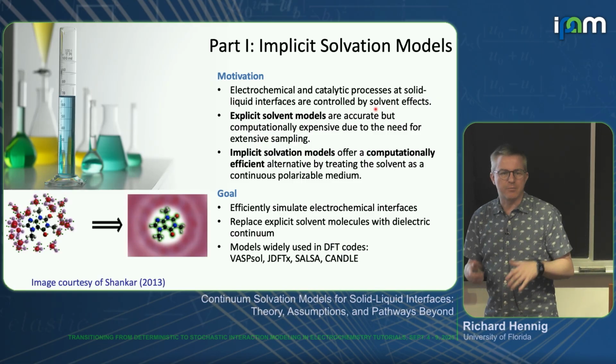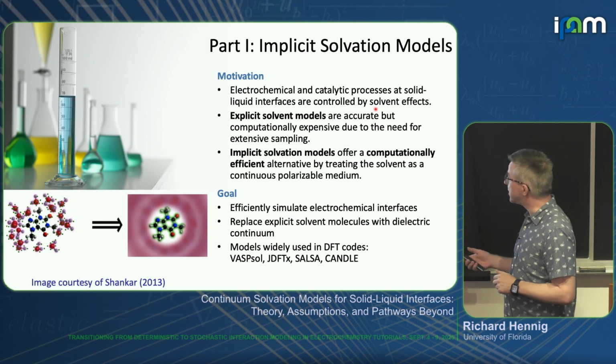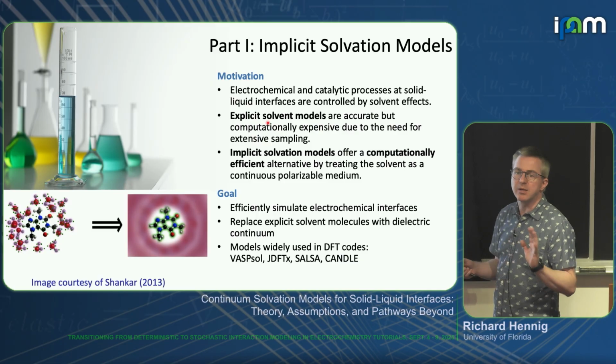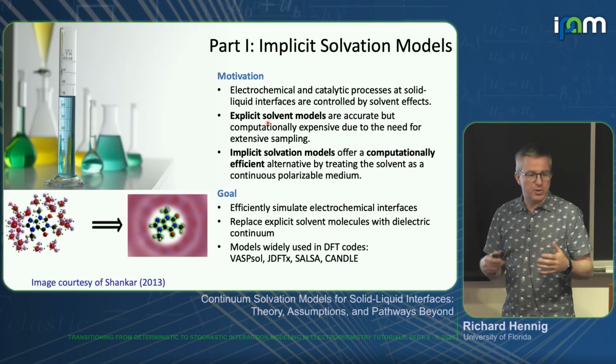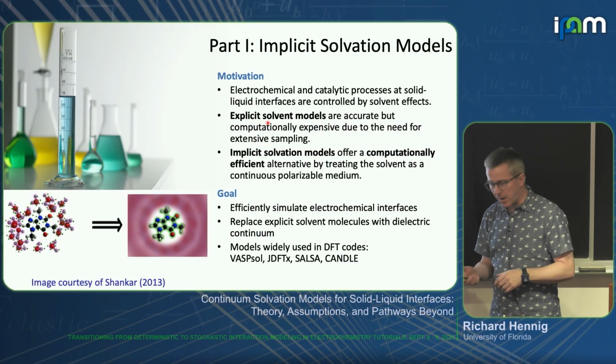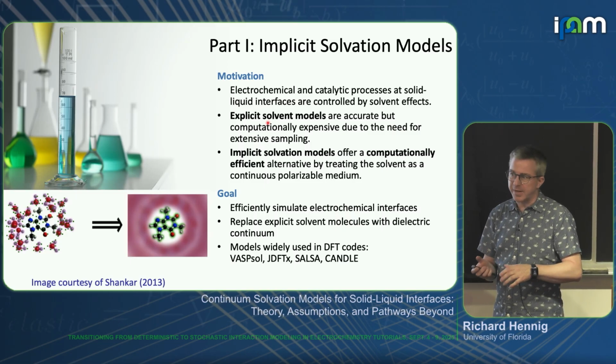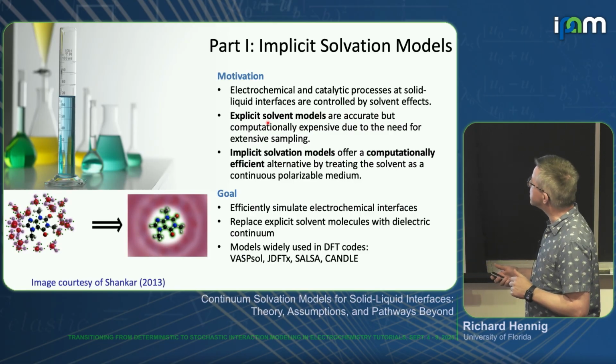We can, of course, in principle, always do explicit solvent models. In other words, we have density functional or other quantum mechanical methods where we just keep the solvents explicitly in the problem. And that is good because we have a benchmark of accuracy against which to compare. But these are very expensive. They may have their own accuracy issues in some cases.